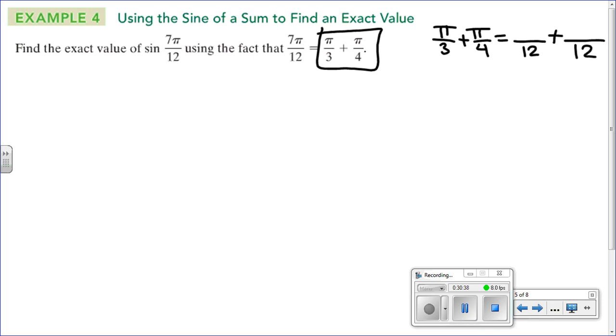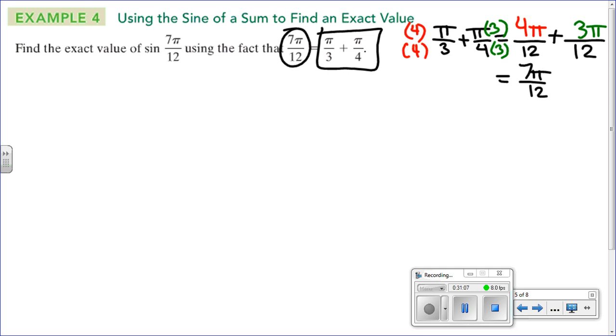So the first fraction, you have to multiply by 4 over 4. So 4 pi, plus here we have to multiply by 3 over 3. So that would be 3 pi. And so if you add the numerators, you get 7 pi over 12, right? So we just did that to confirm that this is true with the given information.